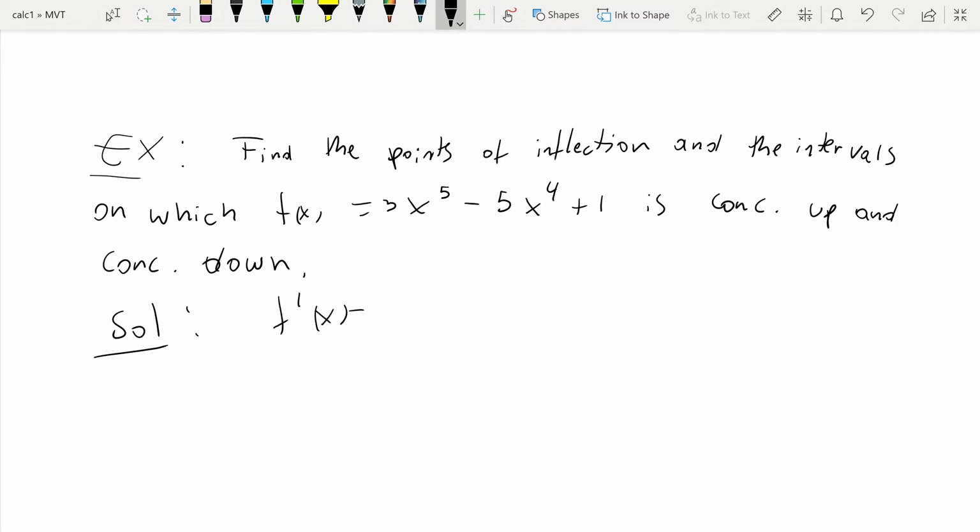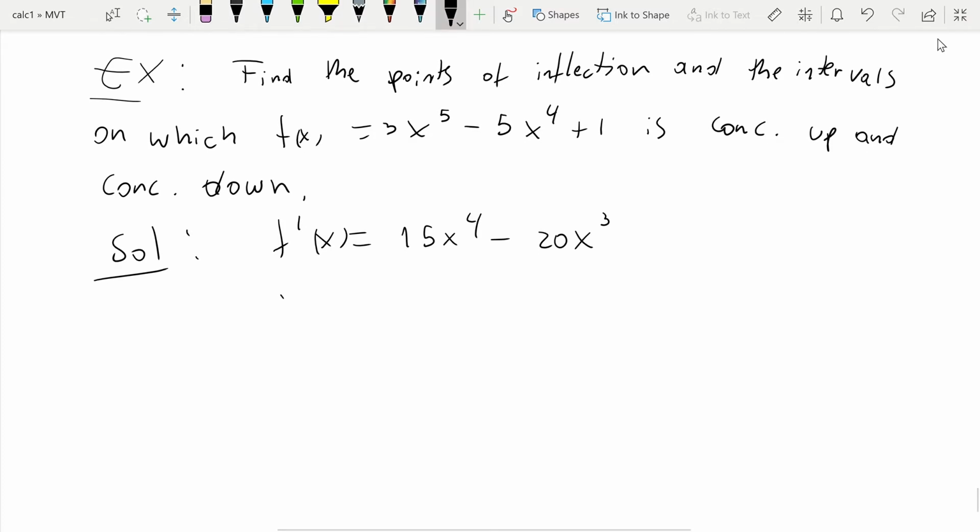So what is f prime of x? It is 15x to the fourth minus 20x to the third, plus 0. Then f double prime, which is where all the information on concavity is encoded.